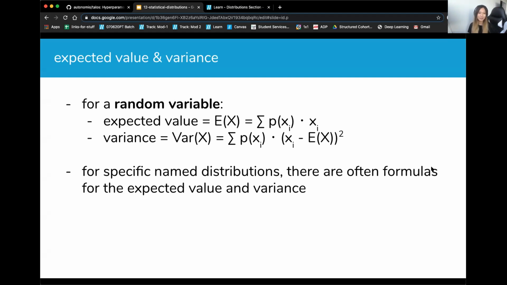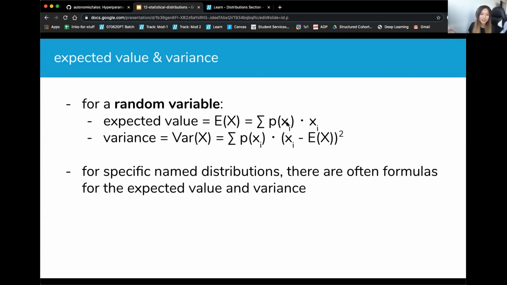What I mean by the expected value of a dice roll would be the average of your dice rolls, basically. To break down this formula, the expected value of any random variable x, x being the random variable, is the sum of each little x, where each little x is a possible outcome, multiplied by its probability.